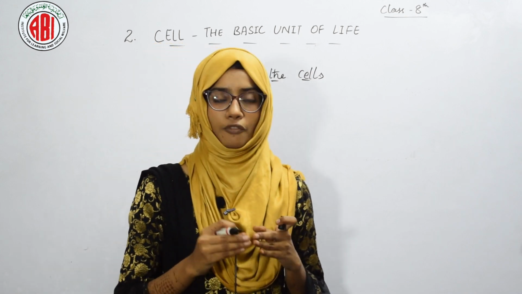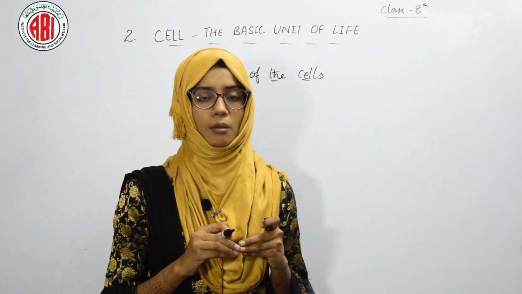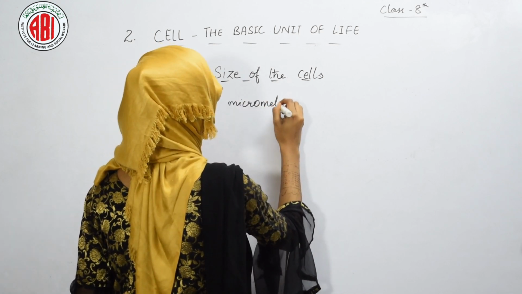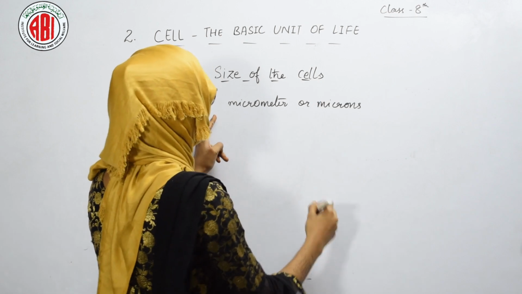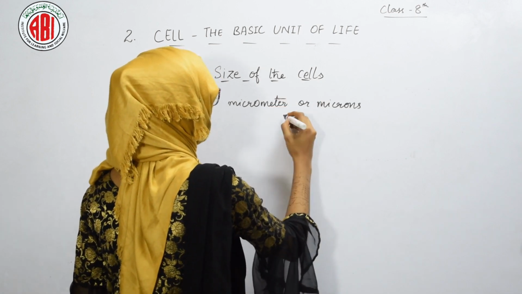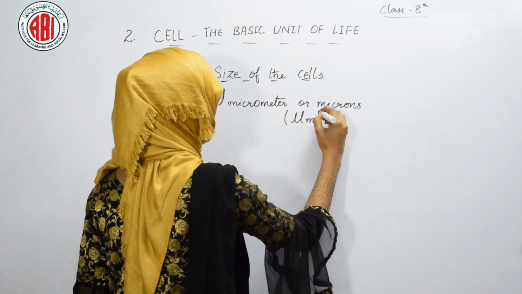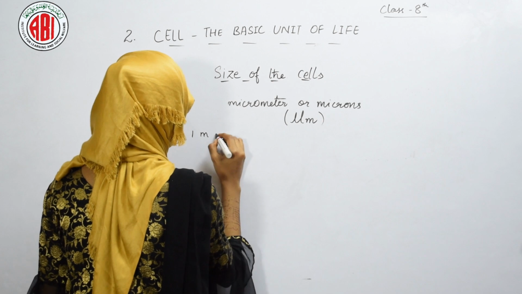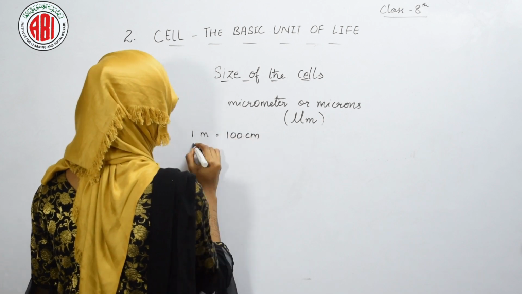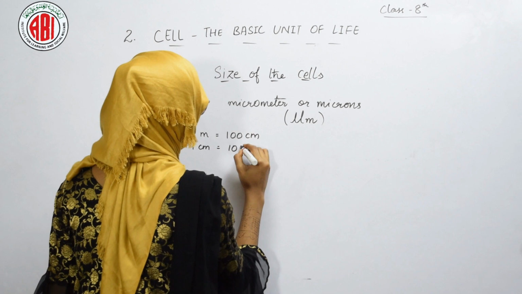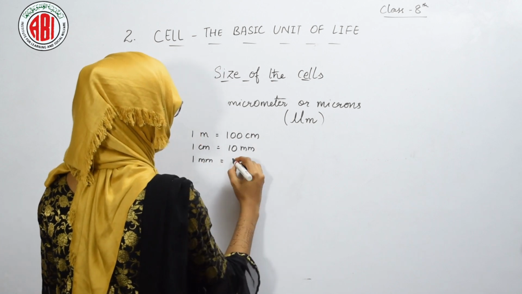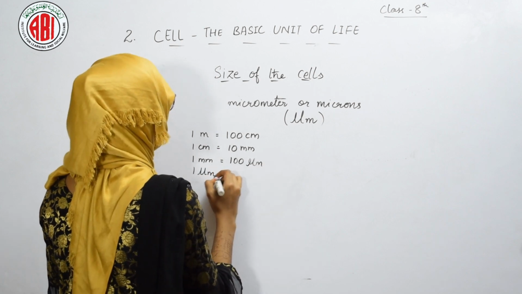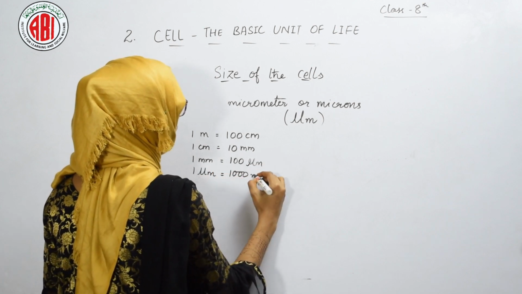The cells are very minute, and they are usually measured by the unit micrometer, or we can say microns, which is represented by μm. Now when we see the measurements, 1 meter is equal to 100 centimeters, 1 centimeter is equal to 10 millimeters, 1 millimeter is equal to 1000 micrometers, and 1 micrometer is equal to 1000 nanometers.